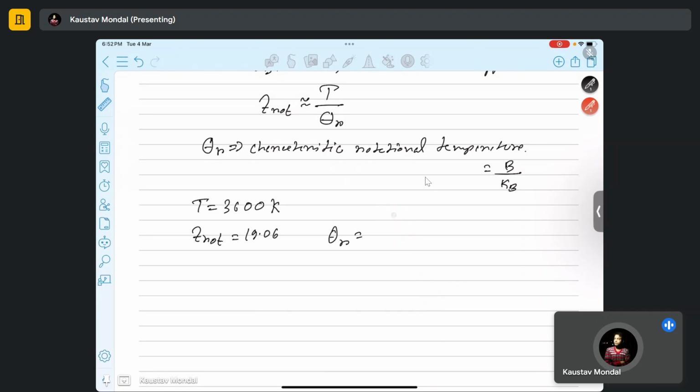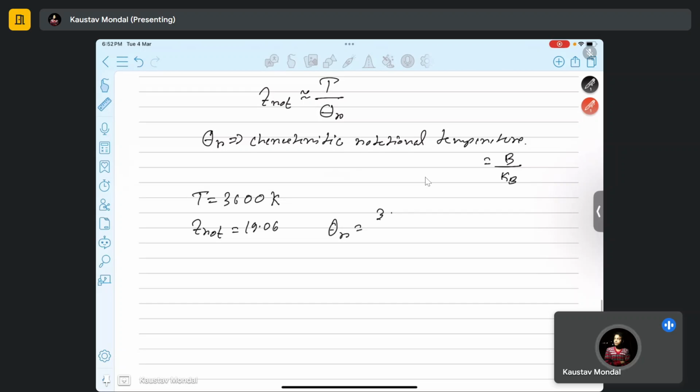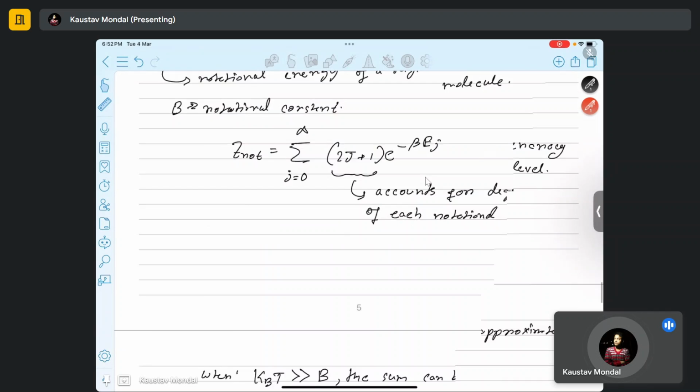So theta will be T by Z rot, right? So 3600 by 19.06. Let me calculate what is the value. So it's almost close to 18.87.